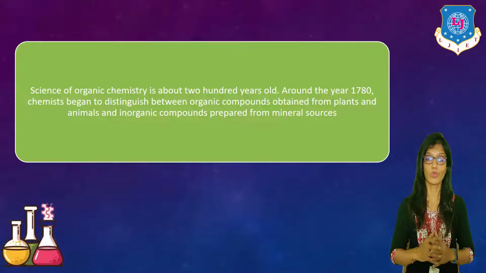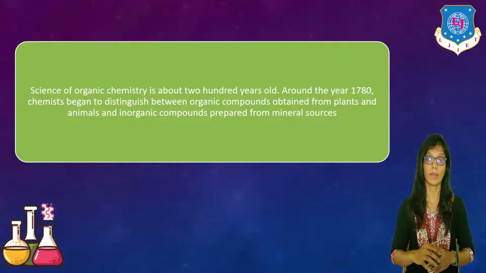So this history of organic chemistry is very old, and we all know that chemistry can be divided into five main branches: organic chemistry, inorganic chemistry, physical chemistry, analytical chemistry, and the last one is biochemistry. From all of these branches, organic chemistry plays a very important role in our day-to-day life and even in various types of industries.